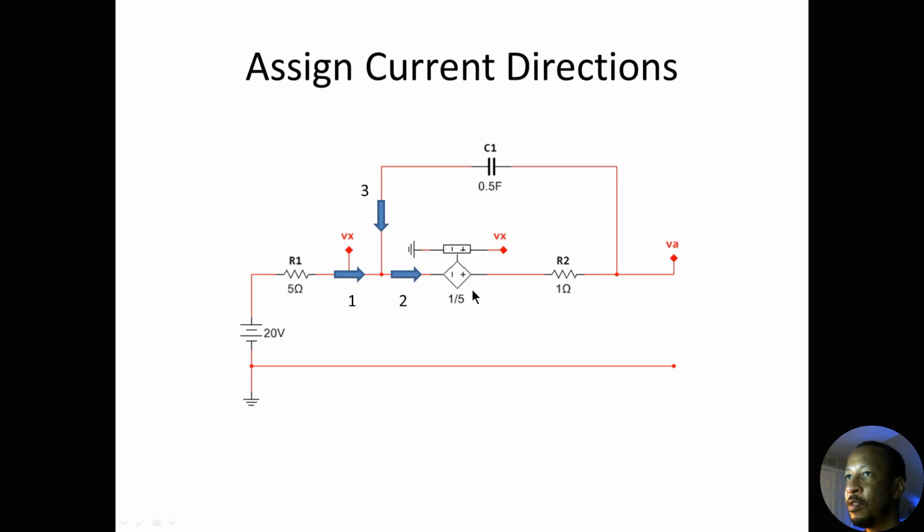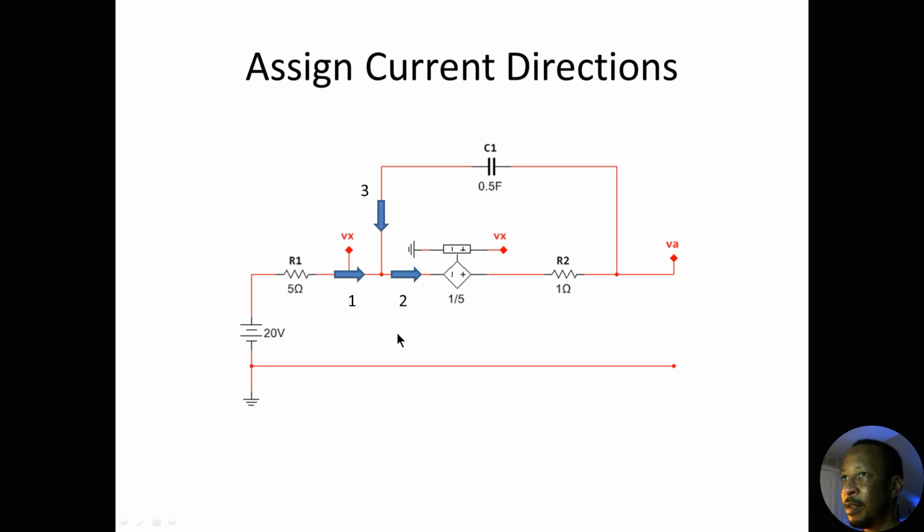What I'm saying here is that if I take Vx over 5 and add in V of R2, and then I add in Vx from there to there, plus Vx over 5, that should be equal to V of R2 plus VA, but I'm subtracting it here.